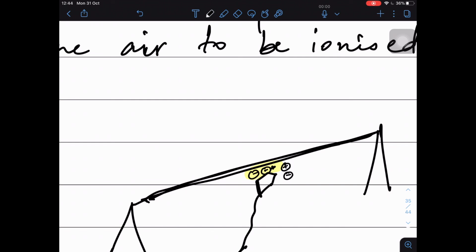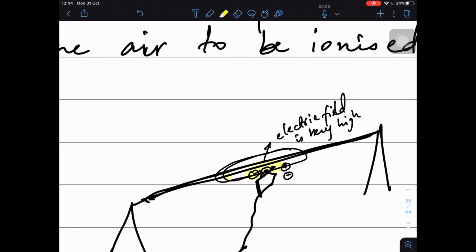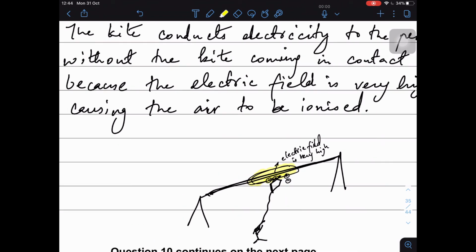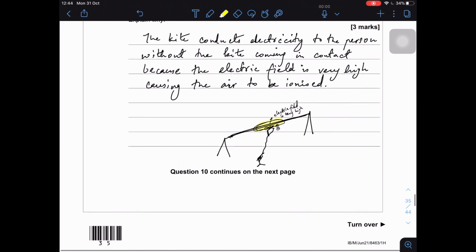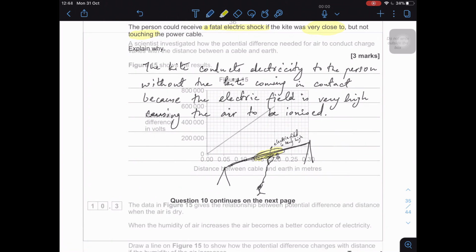The air becomes ionized and starts transferring electricity because this electric field is so high, because of the high voltage. That means the area even around it has a high electric field, and it will ionize even the air, so it will transfer the electricity through the air. Okay, that's why you don't fly kites near electric cables.